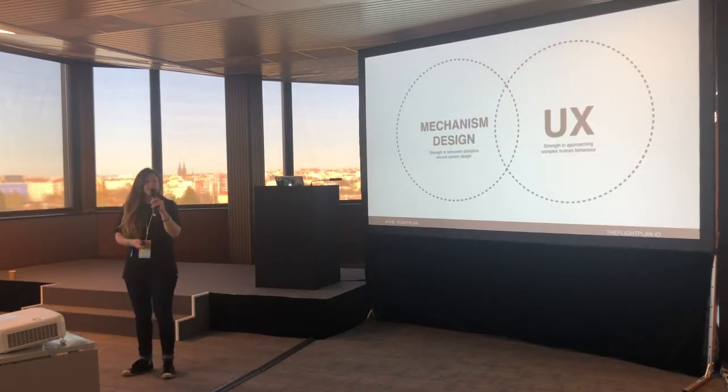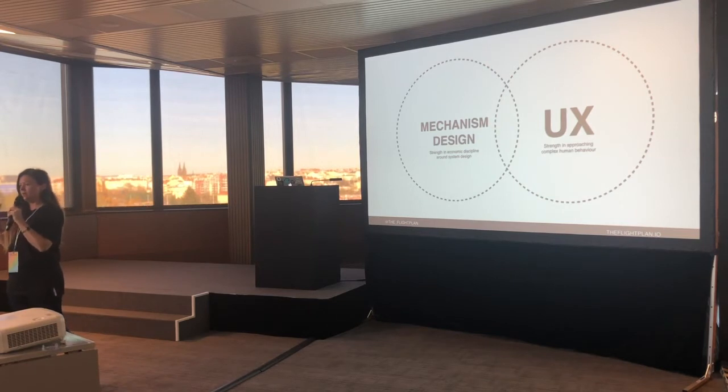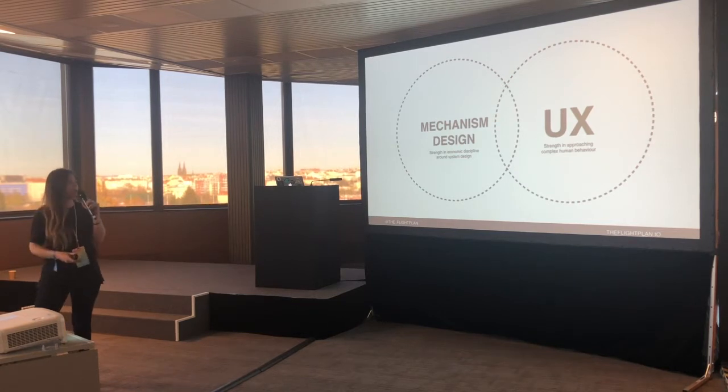So in this technique, we're really blending together what we see as the best of mechanism design, in terms of the economic and mathematical approach to designing how humans interact towards the goal of the game, and the best of UX practices that help us empathize and understand the people that are actually interacting with the game, as well as the low fidelity practices of iterating really quick.